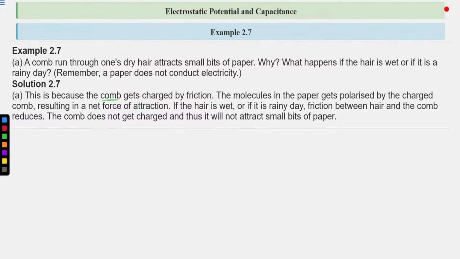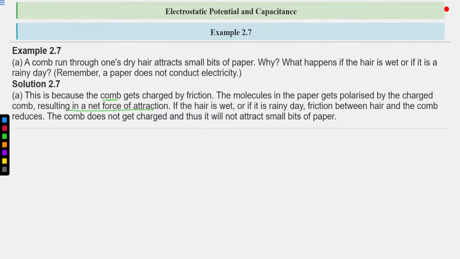That method is called induction. You have also studied in the starting of this chapter producing charge by the induction method. So charges present on the comb induce charges on the paper, resulting in a net force of attraction between comb and paper. So this comb will attract the paper towards it.